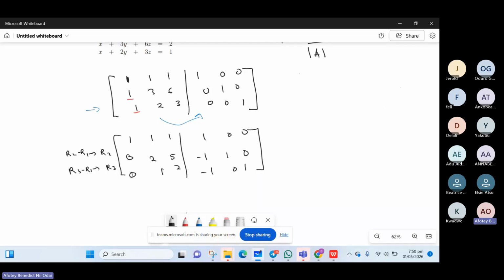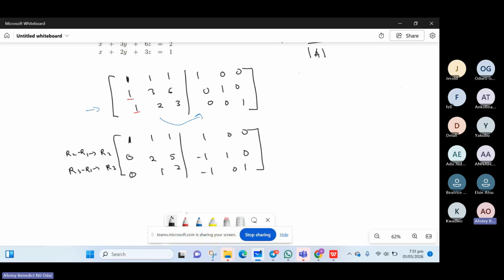So the goal now is to eliminate this one that we have down here. Now, for you to get a row of 2 zeros, you need a row of 1 0. You can't use this row with 3 entries and conjure something and get the third row being just 1 entry. No, it won't work.